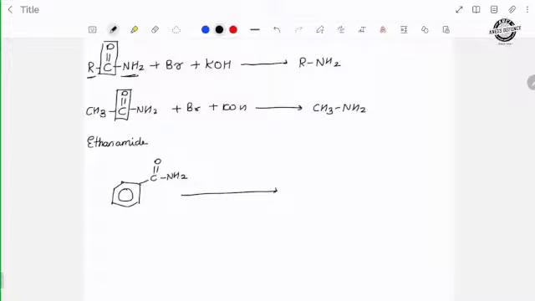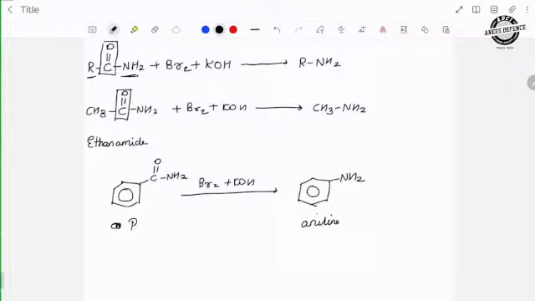Again, we are using Hoffman bromamide, Br2 plus KOH. So you will get aniline. This is benzamide. Okay, that's it.